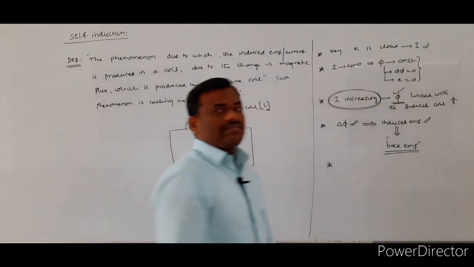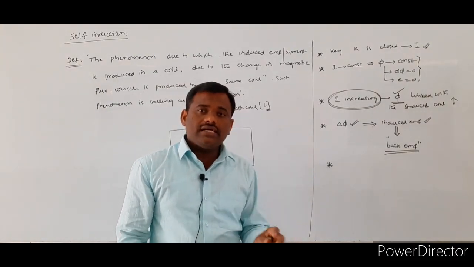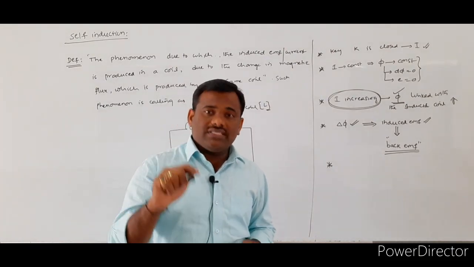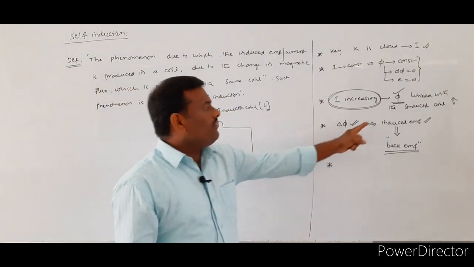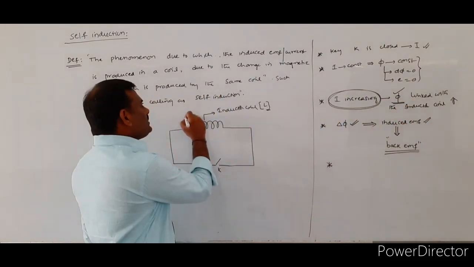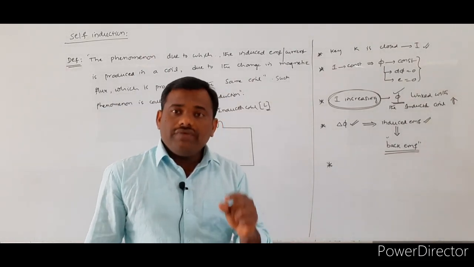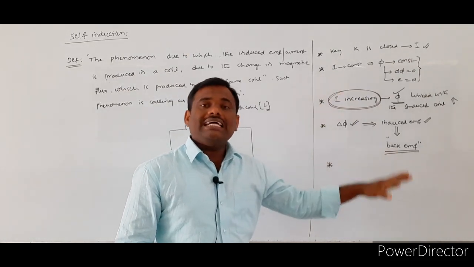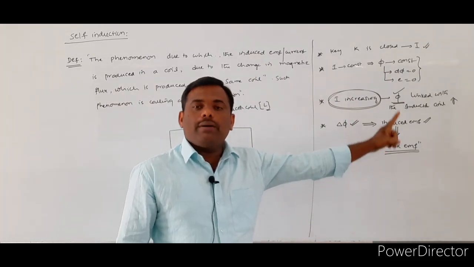So if the induced EMF opposes the change in external magnetic flux, it also opposes the source of the magnetic flux. That means whatever induced EMF or back EMF is produced within the given conductor coil will oppose either the increase or the decrease in the current. That is the main role of the back EMF.